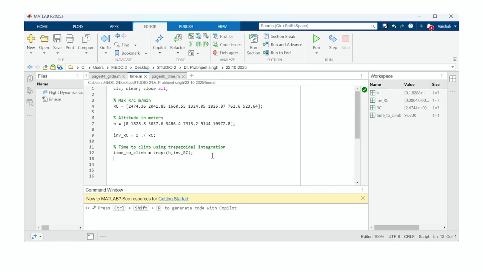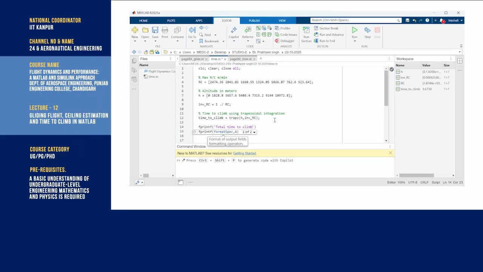Okay, so we can easily print it out here, fprintf. So here we have total time to climb equals to percentile 0.2f minutes.